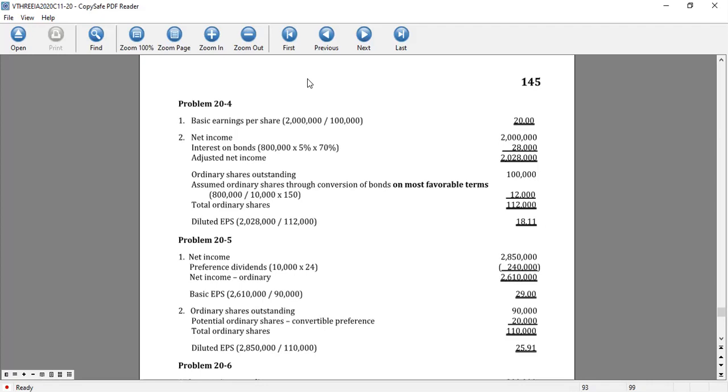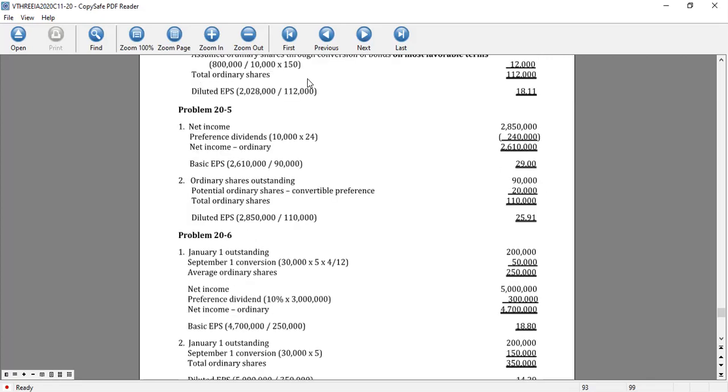So diluted earnings per share is net income of 2,850,000 divided by the number of shares, adding the ordinary shares to potential ordinary shares. They have convertible preference. So the total ordinary shares of 110,000.